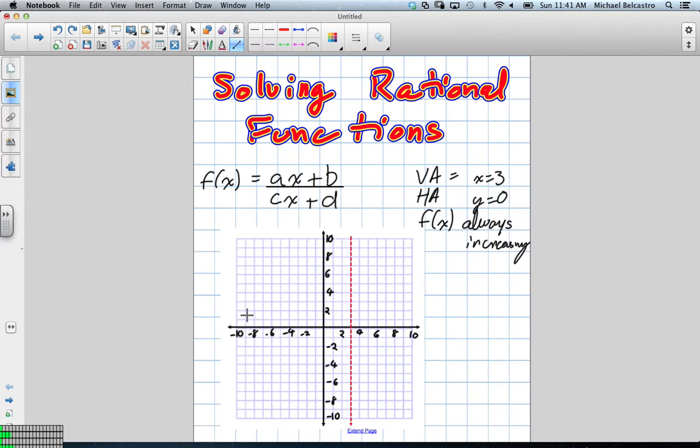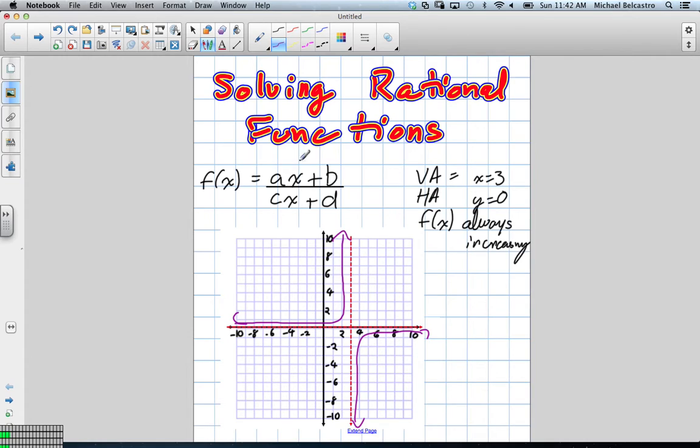And we have a horizontal asymptote at y equals 0. Okay, well that's simple enough. And the function is always increasing, which means we're going to have a function that is essentially like this. It's a positive type function. Okay? So the only real requirements they've given us is our vertical asymptote.